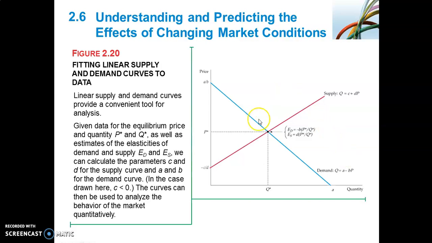And in terms of the sets of information we will be using, we will use a value for P star and Q star that will be given as the equilibrium price and quantity, as well as our price elasticity of demand and price elasticity of supply.